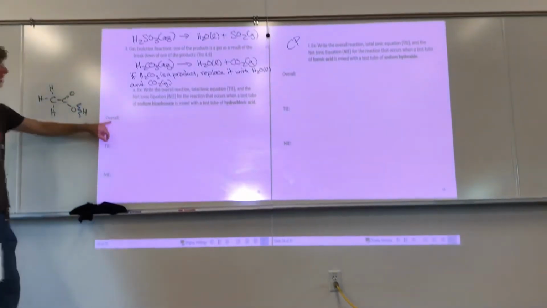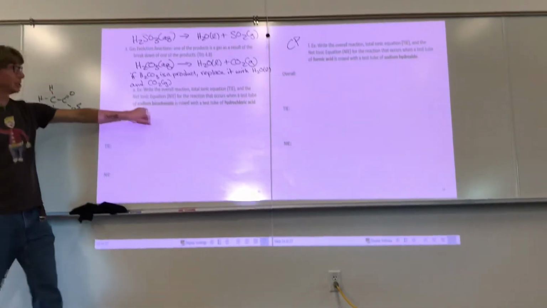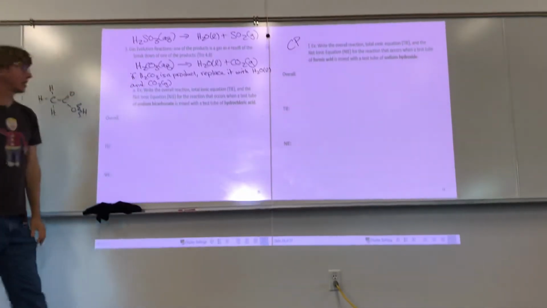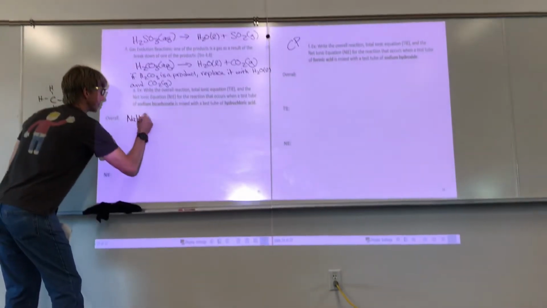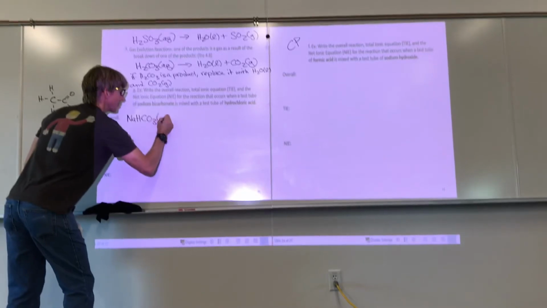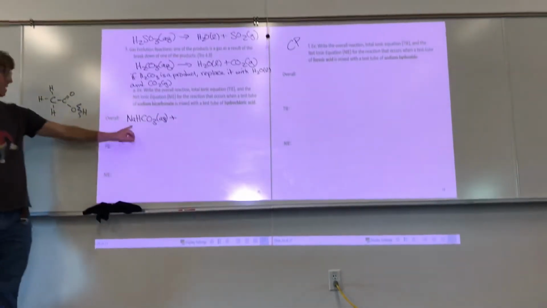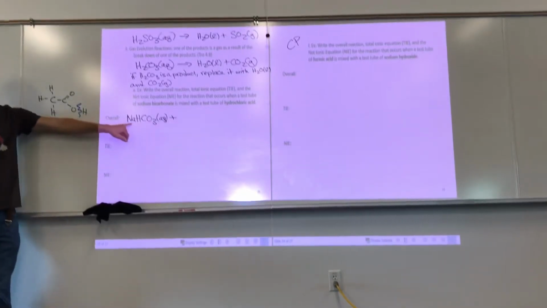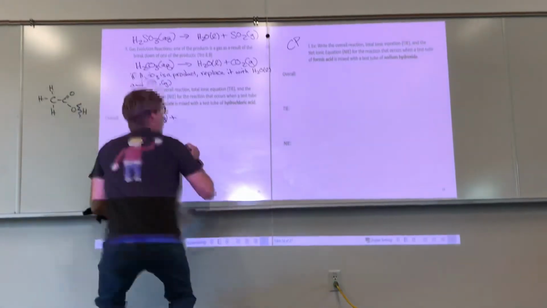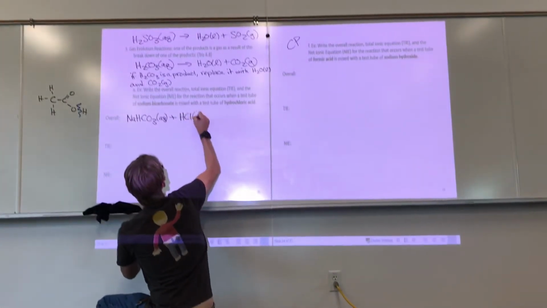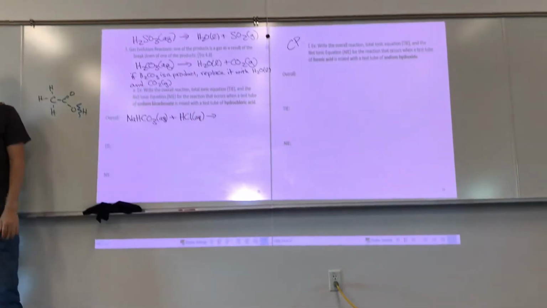Air's getting worse. All right, so sodium bicarbonate. As an example of this, sodium bicarbonate and hydrochloric acid. Sodium bicarbonate is NaHCO3, also called sodium hydrogen carbonate, plus hydrochloric acid.